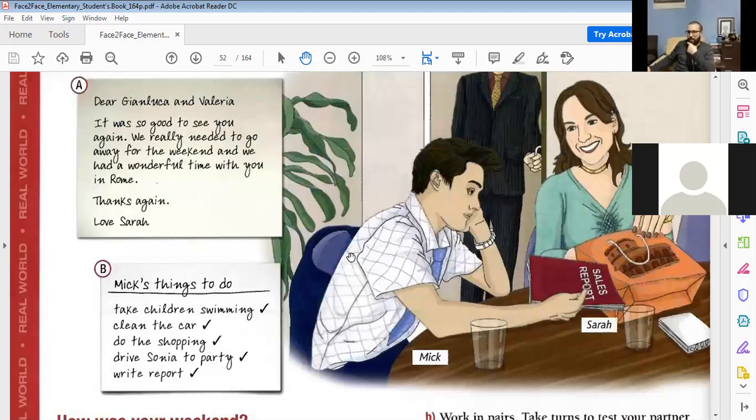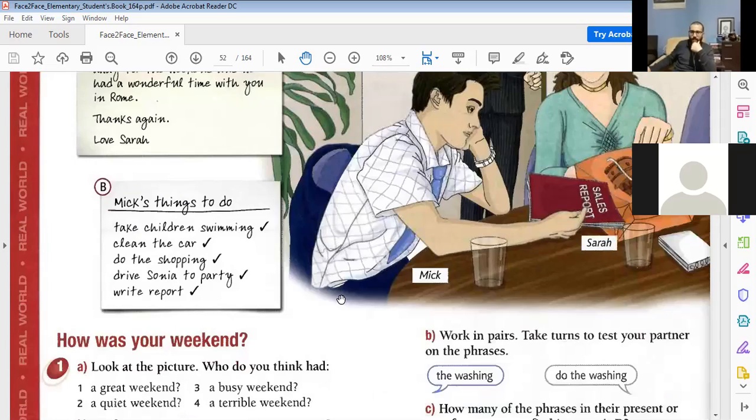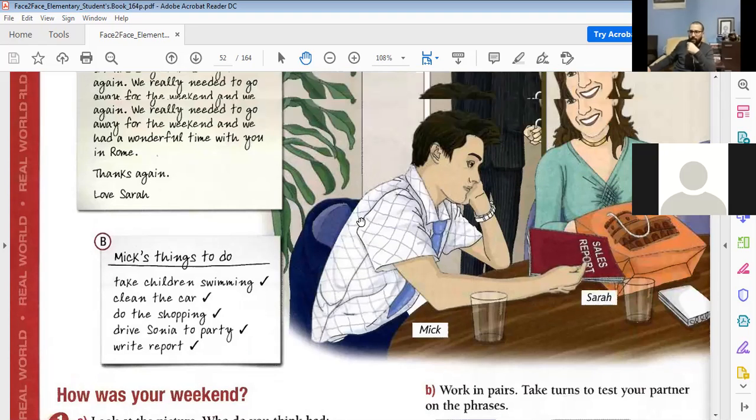Can you see Mick? Yes. What do you think his weekend was? How was his weekend? Do you think he had a great weekend, a busy weekend, a quiet weekend, a terrible weekend? What do you think?